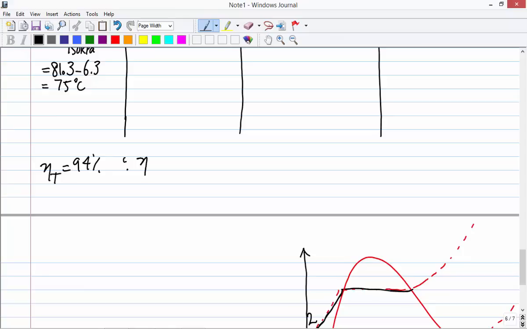And the pump efficiency is 100%. I don't know where this noise is coming from. I'm sorry about that. And the mass flow rate is 20 kilogram per second.